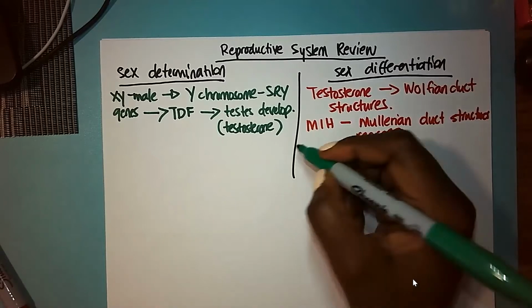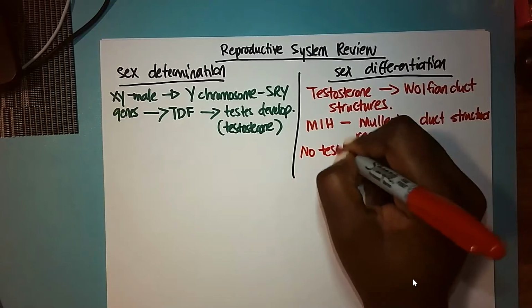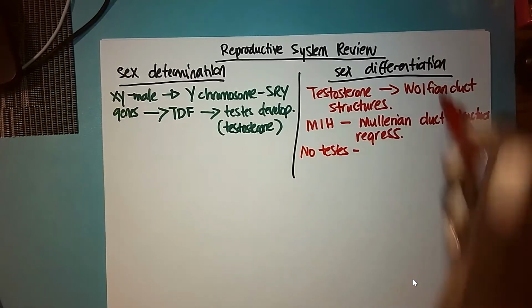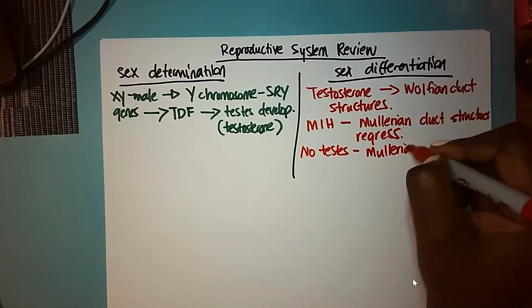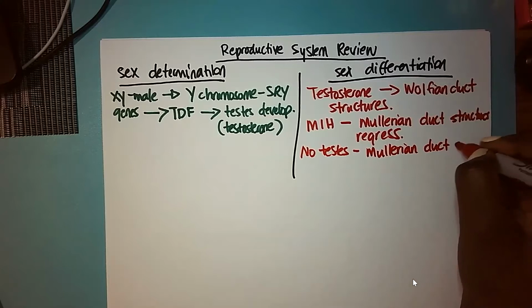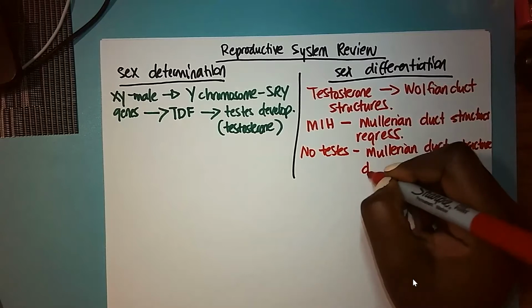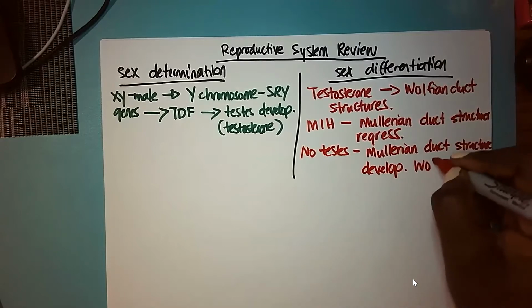Now, if we don't have testes, what happens is the Mullerian duct structures develop. And the Wolffian duct structures regress.